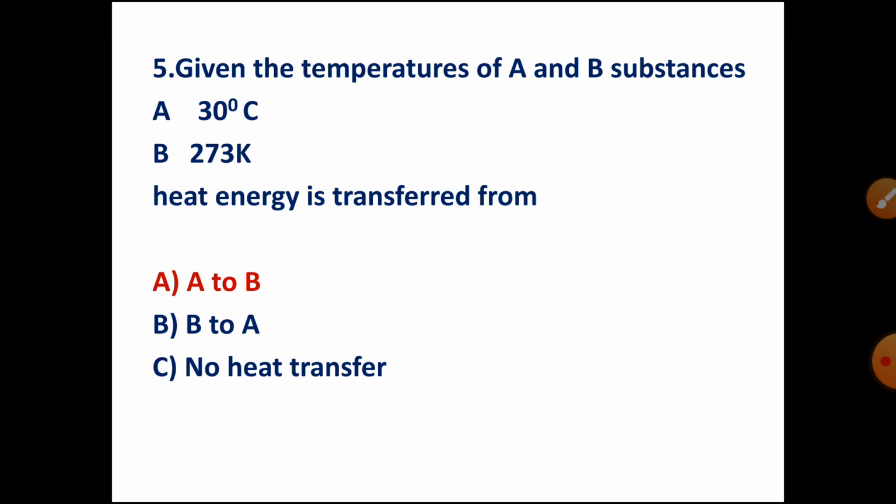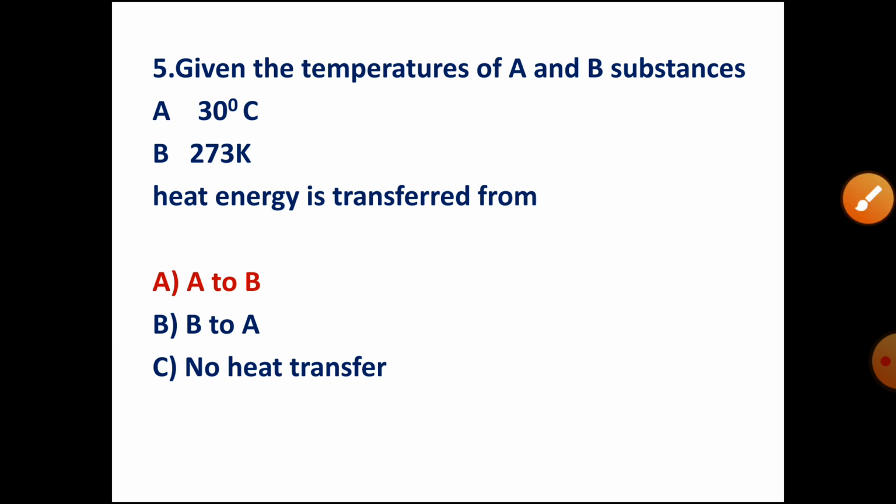Here, given the temperatures of A and B, heat energy is transferred from? A is at 30 degrees centigrade, B is at 273 Kelvin. First of all, what you have to do?